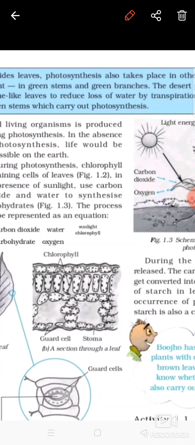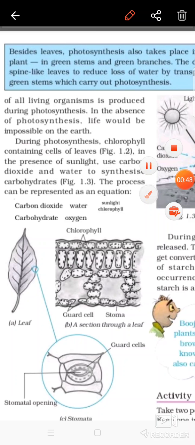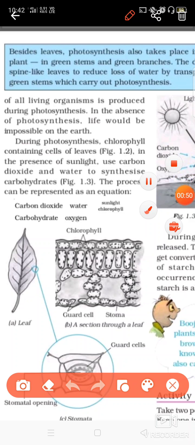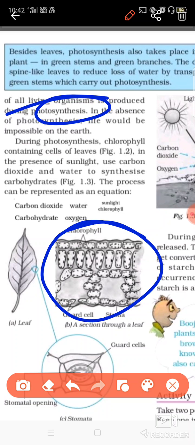I already told you that there is a food making process in plants, and that food making process is known as photosynthesis. Okay, so let's discuss photosynthesis in detail. Now you see the structure of a leaf. This is a section of a leaf which is shown here.